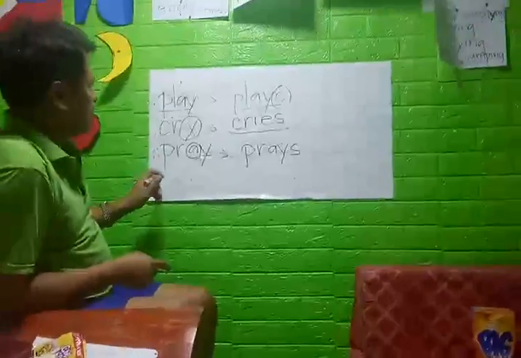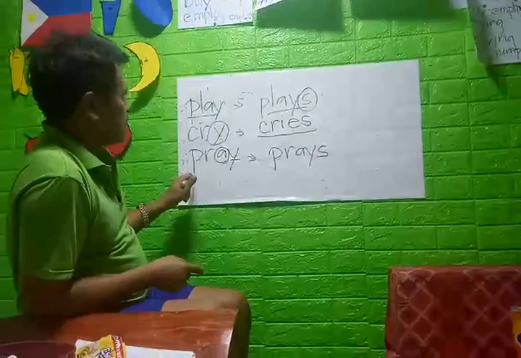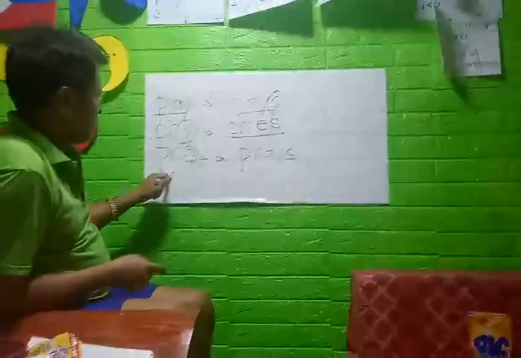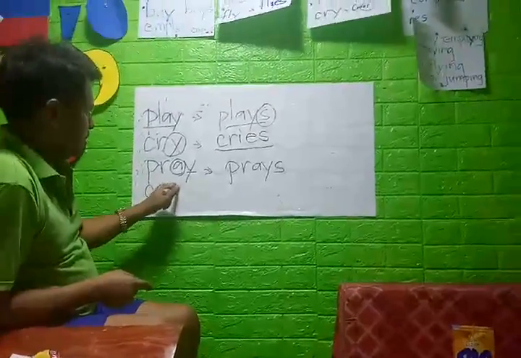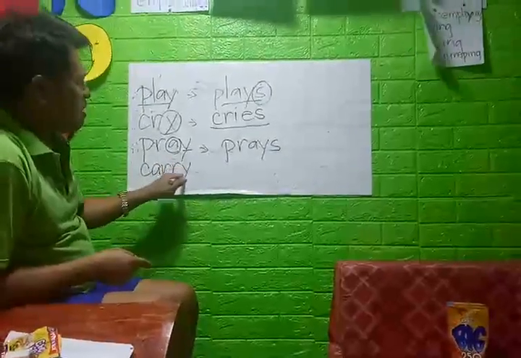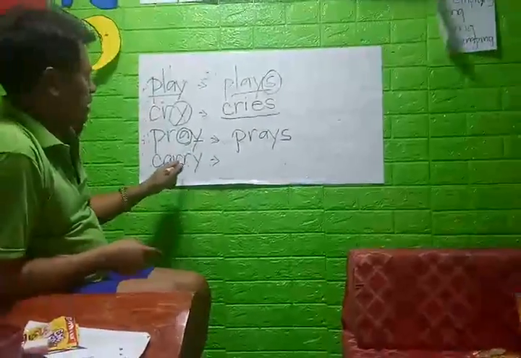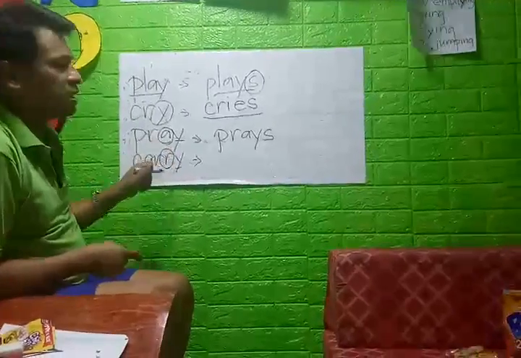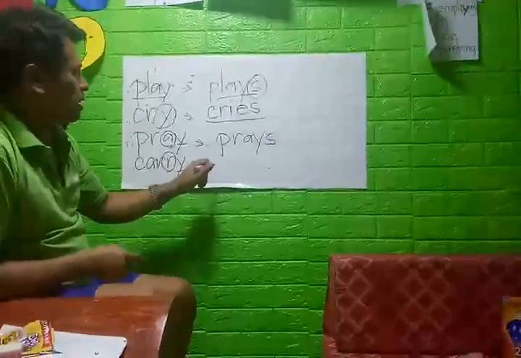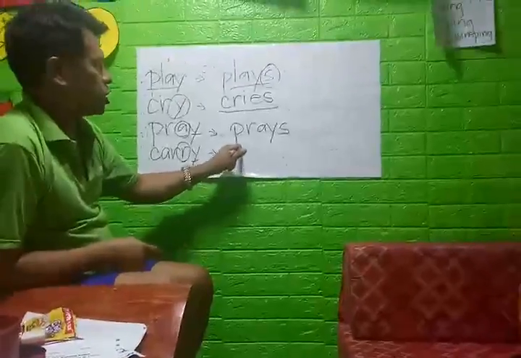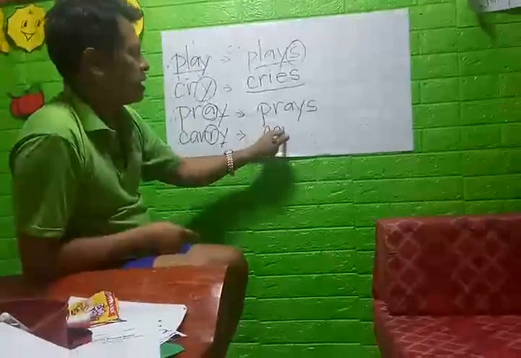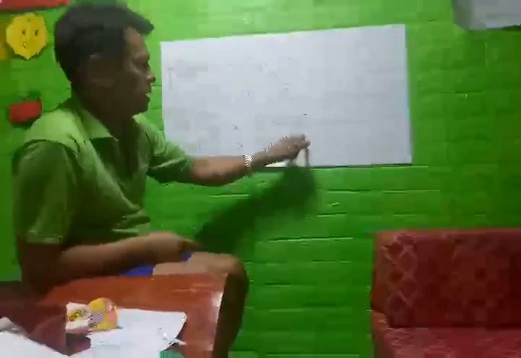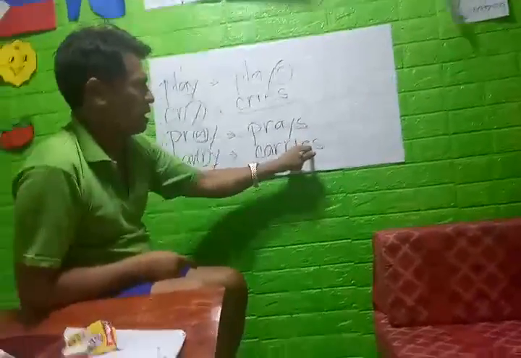Another example, let's say for example, we have the word carry. Okay. So the word carry, it ends with y, but prior to the y, there is a consonant letter r. So what are we going to do? So change y to i, then add es.